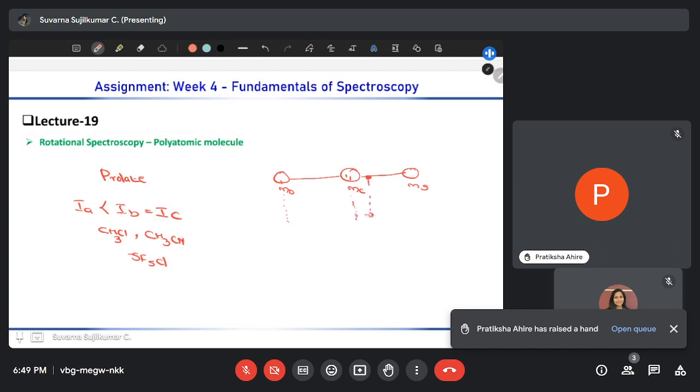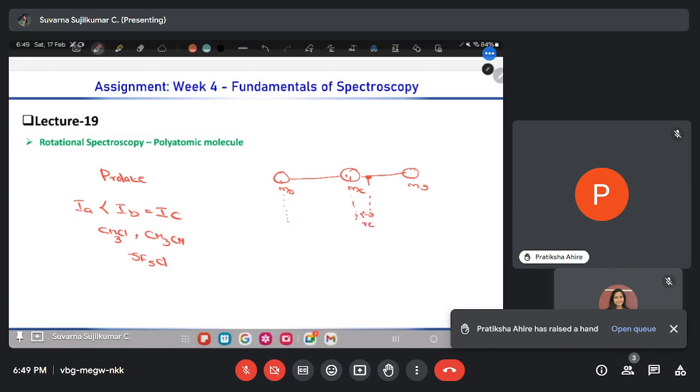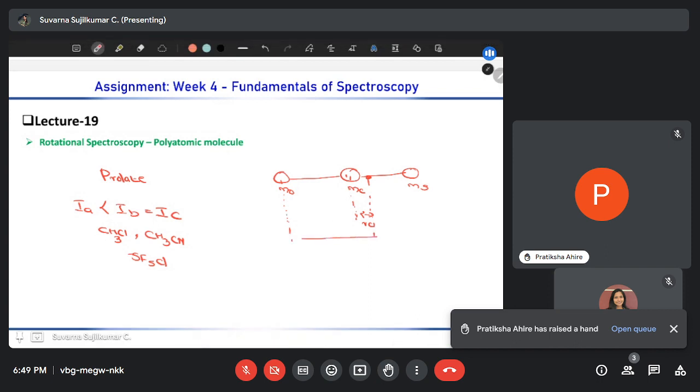The distance to the center of mass from carbon is R, from oxygen it's given by RO, and from sulfur to the center of mass the distance is given by RS. Okay.